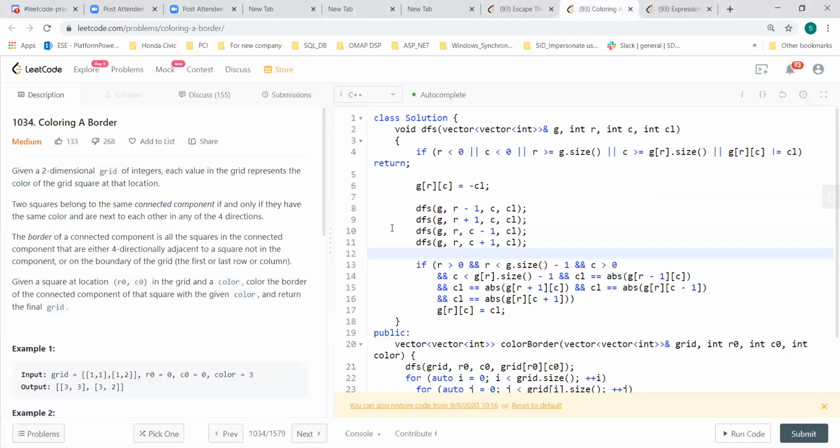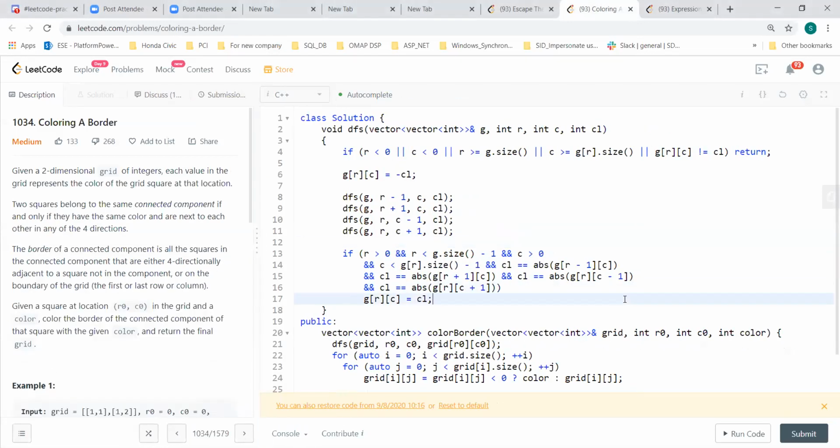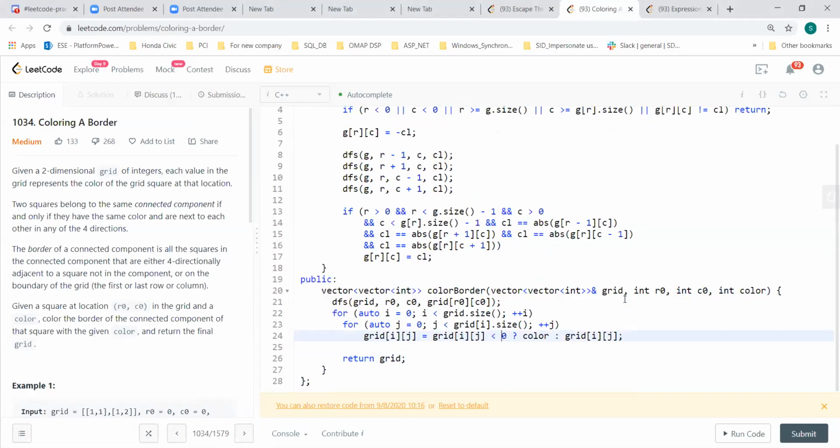Okay, this is slightly more. Code is too much, but it's good. So this is a DFS call, and this is my entry function. This is the grid and then R0, C0 and your color.